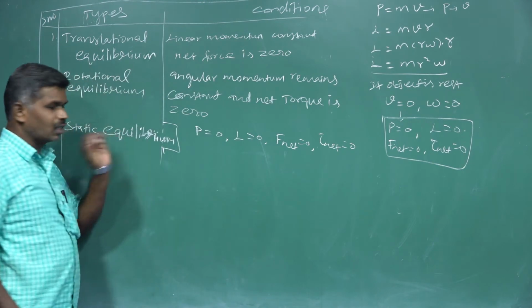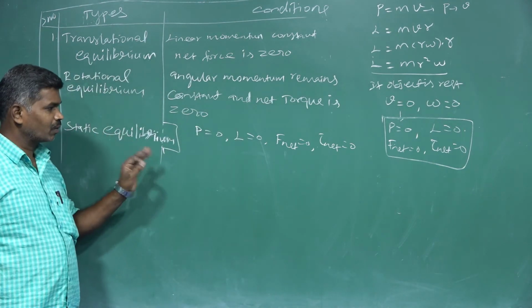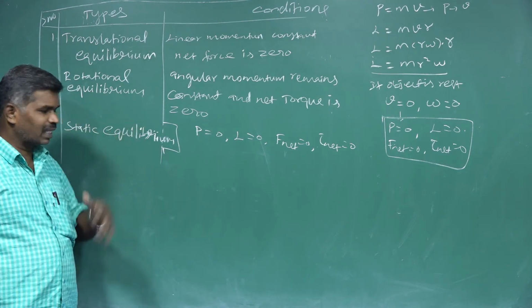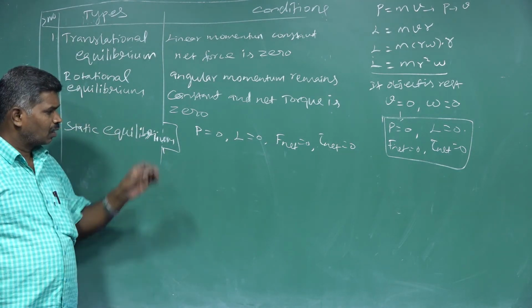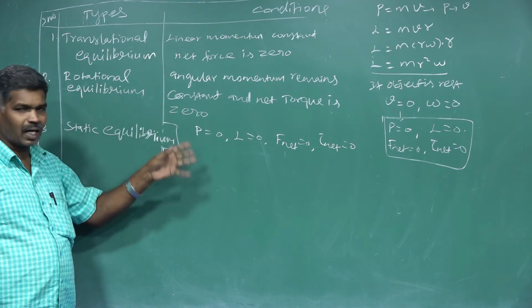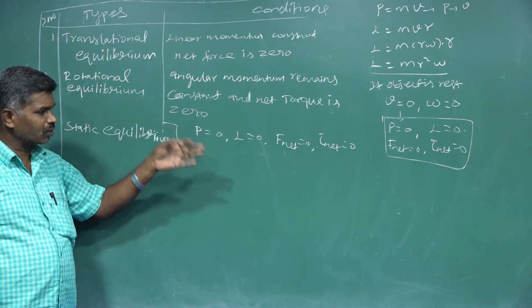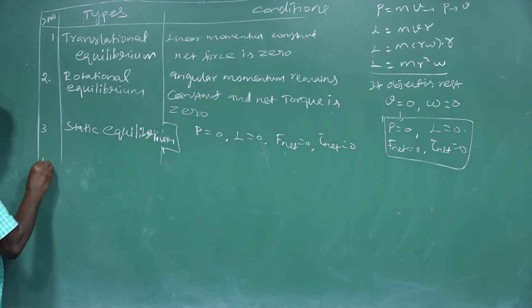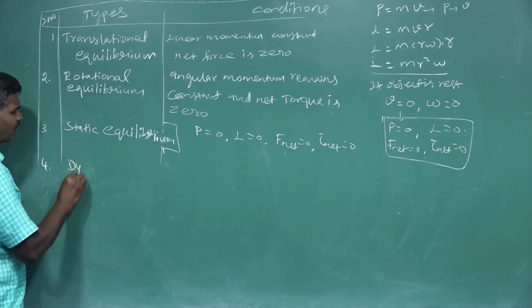For static equilibrium, all four factors become 0: linear momentum, angular momentum, net force and net torque. Next we have the fourth one, dynamic equilibrium.